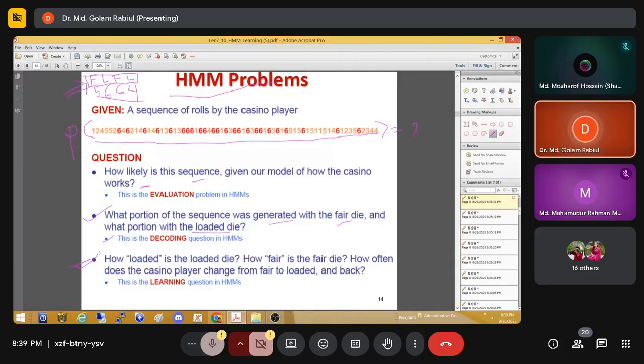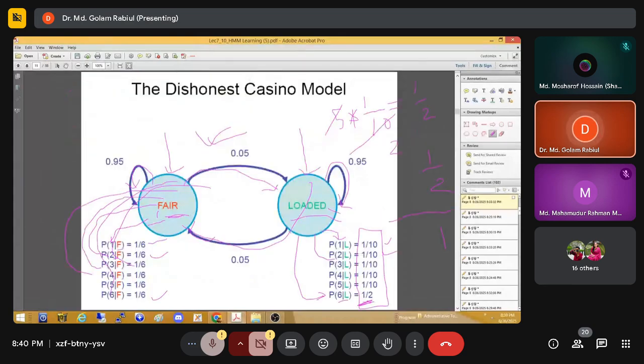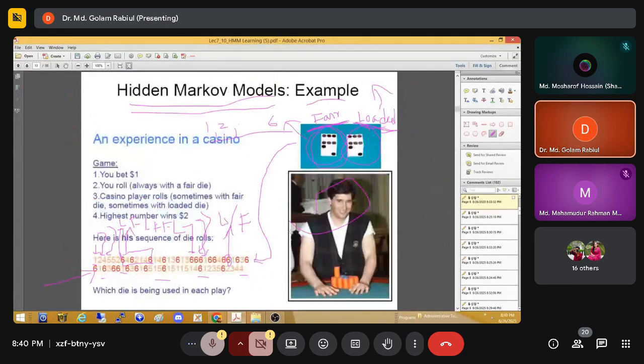So the casino player is using a loaded die and also a fair die, but how loaded is the loaded die? It is loaded towards the 6. As I already mentioned, 50% of the time we will get the 6, but sometimes it can be 80% of the time, or sometimes 25% of the time. So how loaded is the loaded die towards the 6 or towards any number?